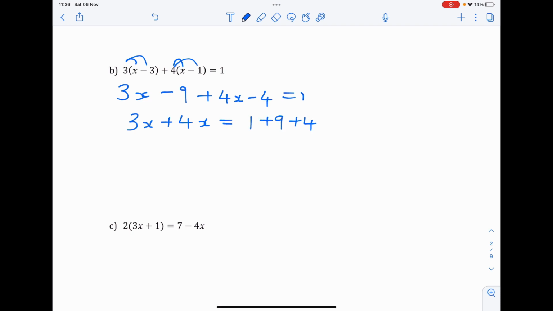We're changing the signs when we're crossing the equal sign. 7x equals 14. Divide both sides by 7. So that's showing you where you're dividing by the coefficient of the x, the variable. 7 goes into 14 twice. Therefore, x is equal to 2. Okay.